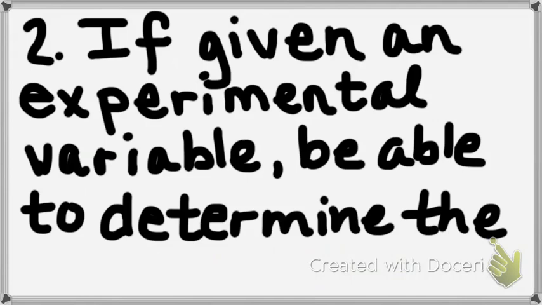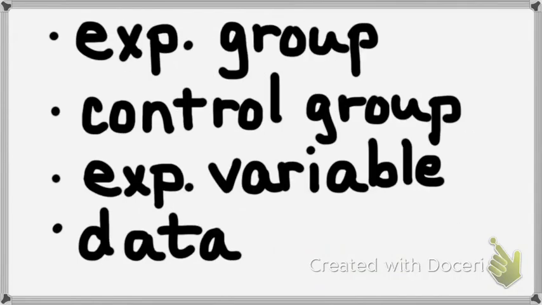If given an experimental scenario, be able to determine the experimental group, control group, experimental variable, and data. So, experimental group. Okay, so you recall we talked about an activity where we were trying to figure out if the algae that shrimp ate were affecting their color.